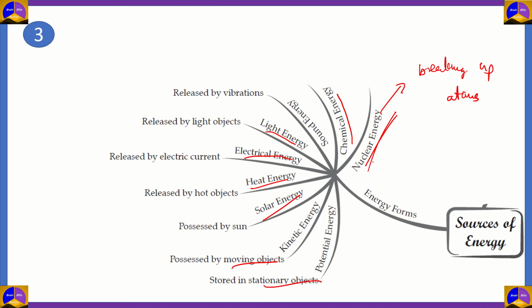If you want to learn more about this, then you will find that in your grade 12 syllabus. But for now, just remember that nuclear energy is very powerful, for one thing, and for another thing, it's formed by breaking up atoms into smaller atoms. So it's breaking the nucleus of an atom, and that releases a huge amount of energy.